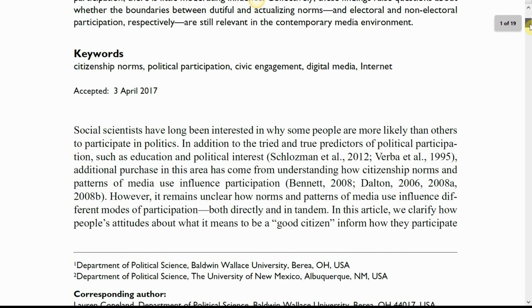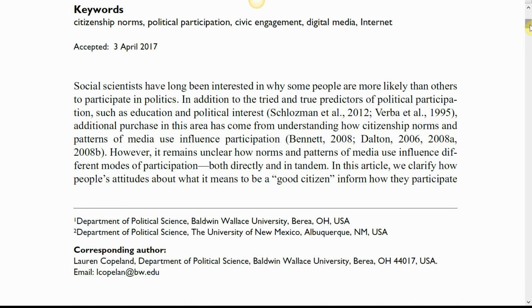So here's the beginning of the article, and it lays out really clearly what the puzzle is and what is the thing that is really driving their big interest and why you should be interested. First sentence: social scientists have long been interested in why some people are more likely than others to participate in politics.